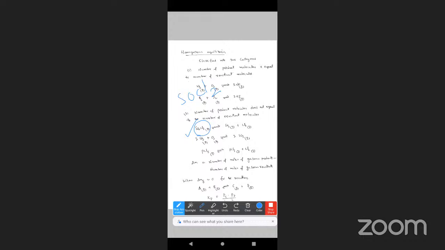This is sulfuryl chloride, which on dissociation gives SO2 and chlorine gas. And here 1 mole dissociates into 2 moles, 1 plus 1. 2 here, 1 reactant. And this is the formation of sulfur trioxide. This reaction we come across in the contact process.